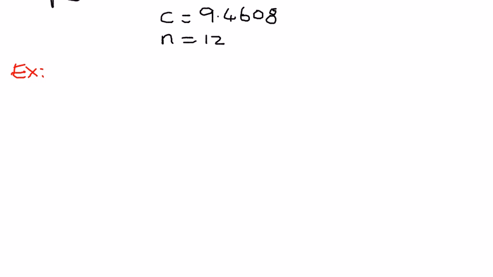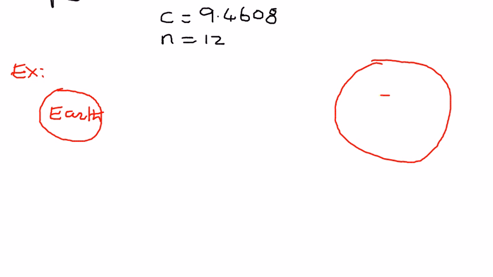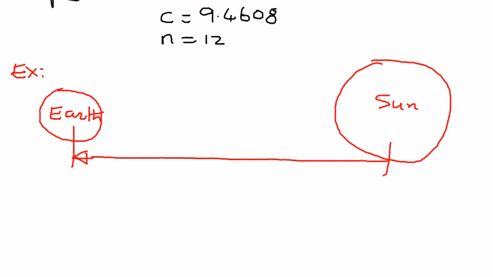So let me draw a small diagram here. Let's say this is Earth and this is Sun. This is not to scale. And the distance between Earth and Sun is 93 million miles.